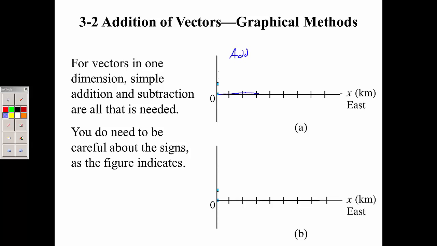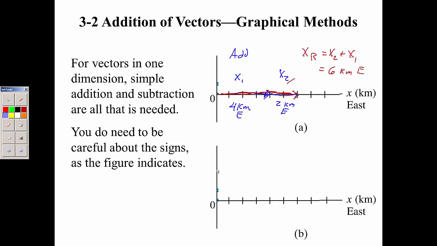If you travel, say, maybe 4 kilometers to the east, so we're talking about your position, and then you travel maybe 2 more kilometers to the east, then the resultant vector is x2 plus x1, and logically that's going to be 6 kilometers to the east.